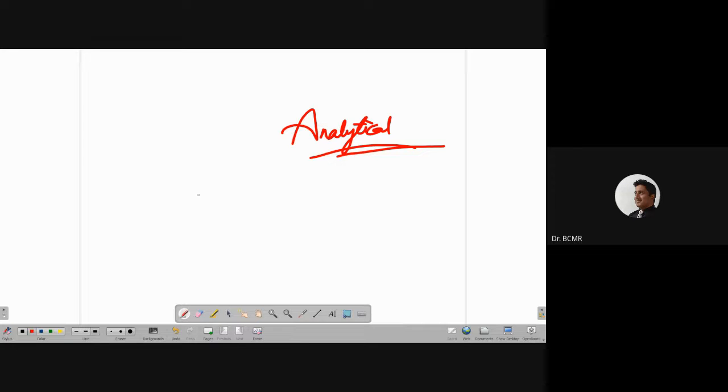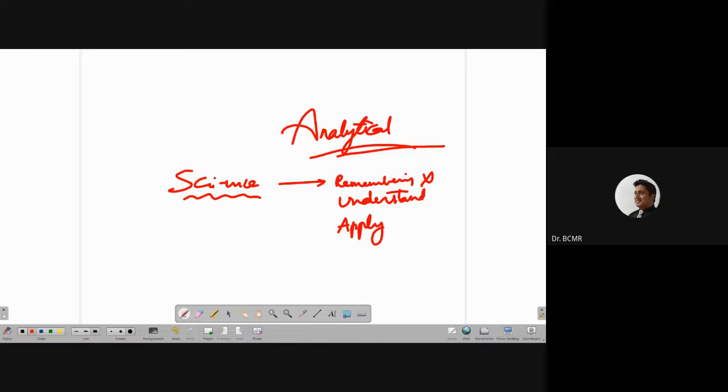I want you to remember this: when you are going into science, first we should have skills in remembering, and then we need understanding of the concept, the basic biology, and so on. And then, as recombinant DNA technology is an applied science, we should be able to take it, apply it, and analyze or design new things, or create, right?